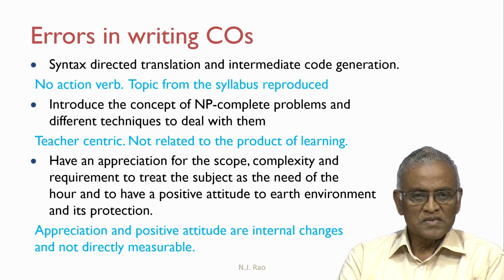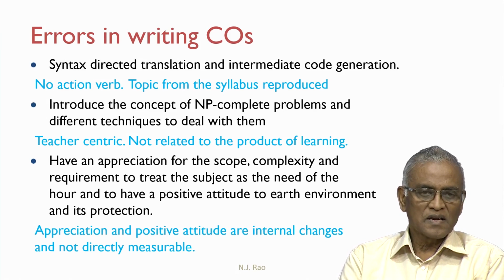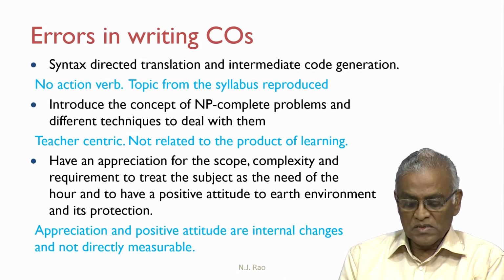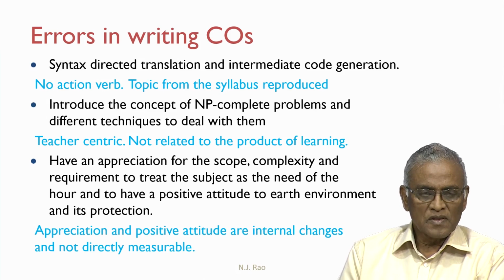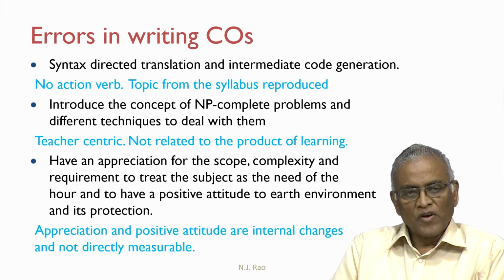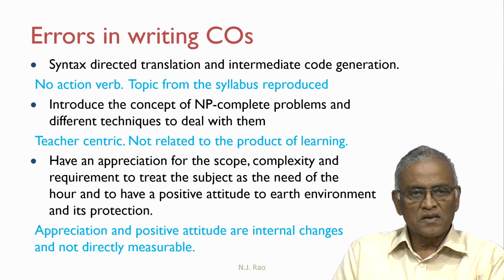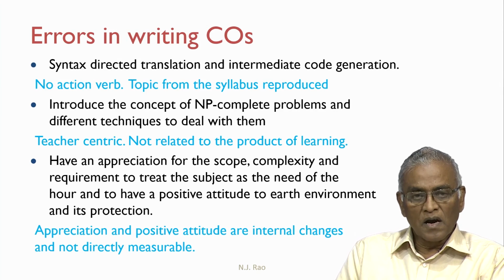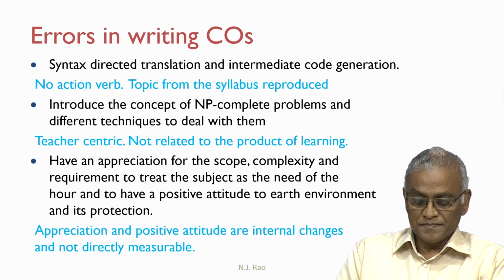So appreciation and positive attitude are internal changes and not directly measurable. So these are some of the errors that a teacher, especially when writing outcomes for a course for the first time, is likely to commit.